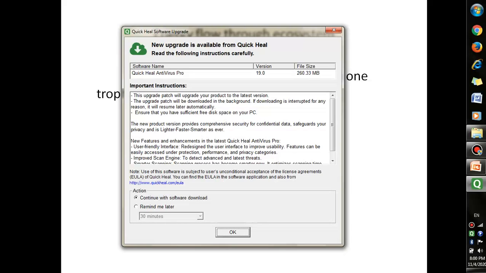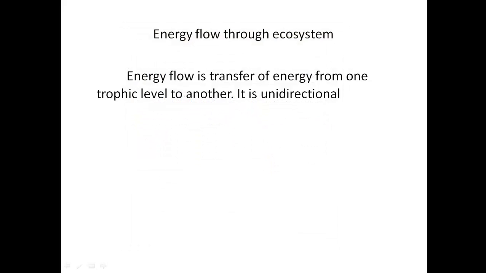So there also you'll be finding that the energy which has been got from the lizard will definitely be less. So when a food chain is short, the final consumers may get a large amount of energy. But when the food chain is long, the final consumer may get a lesser amount of energy.